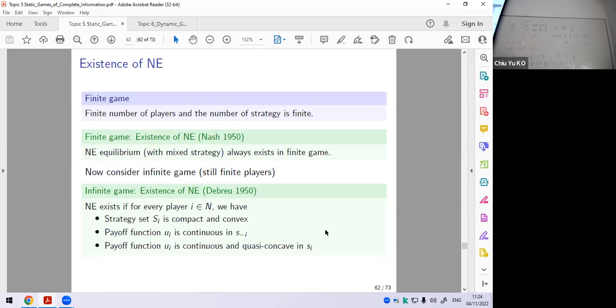If you've seen A Beautiful Mind, John Nash, this is his contribution: in his undergraduate thesis, he proved there always exists a Nash equilibrium in mixed strategy. Before that, von Neumann and Morgenstern had game theory, but they only studied zero-sum or constant-sum games, and he came out and asked, what happens when we talk about mixed strategy? That's his contribution.